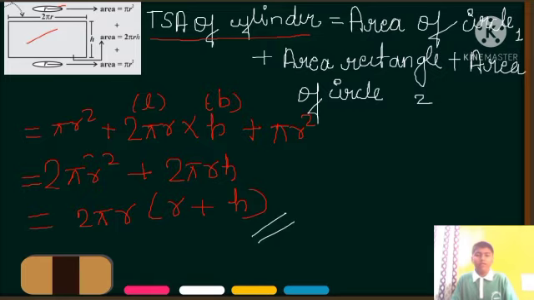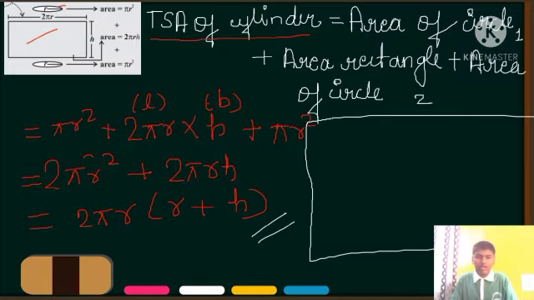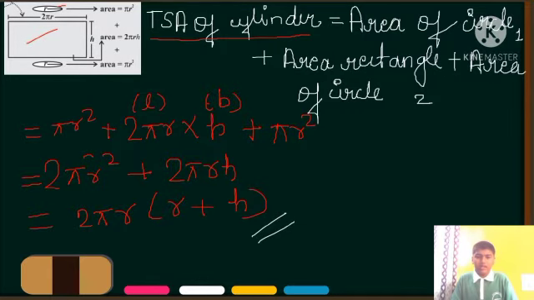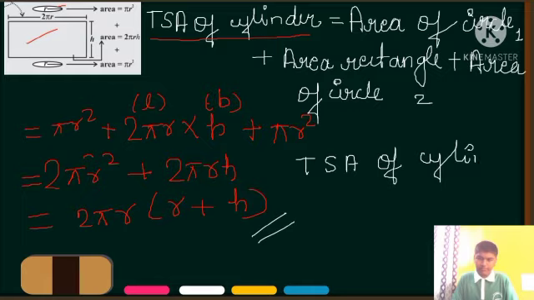Hence we can conclude that the TSA of the cylinder is 2 pi r (r plus h).